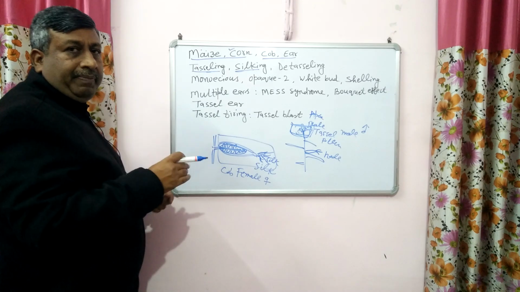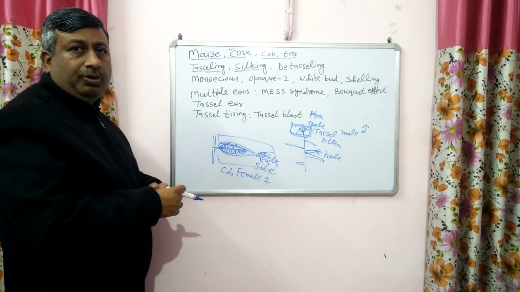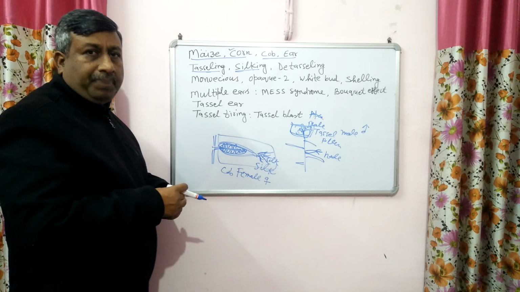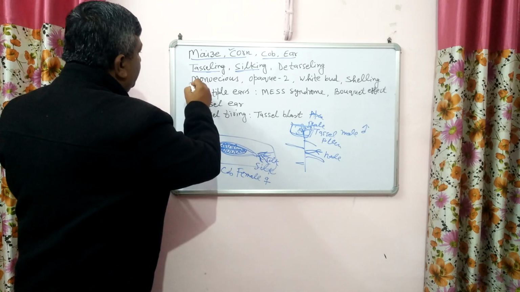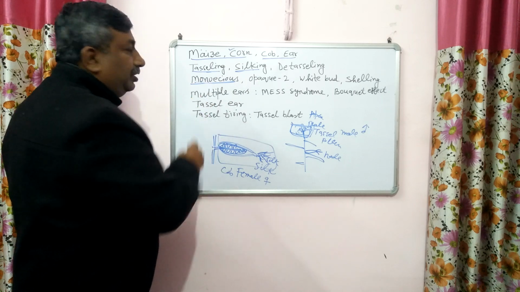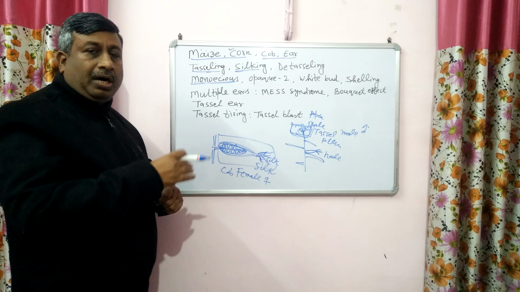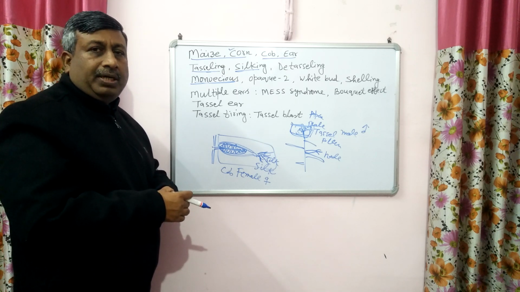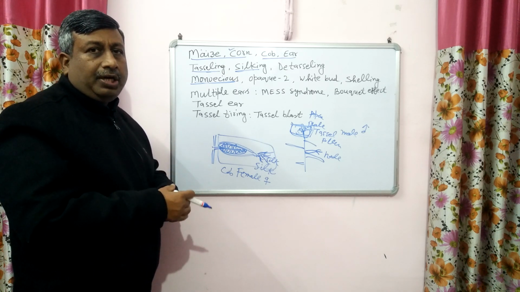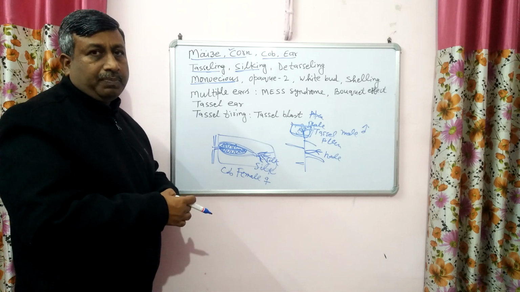So male and female are both at different locations but on the same plant, and this situation is known as the monoecious condition. When male and female parts are on the same plant but at different locations, it is called monoecious. So maize is a monoecious plant.